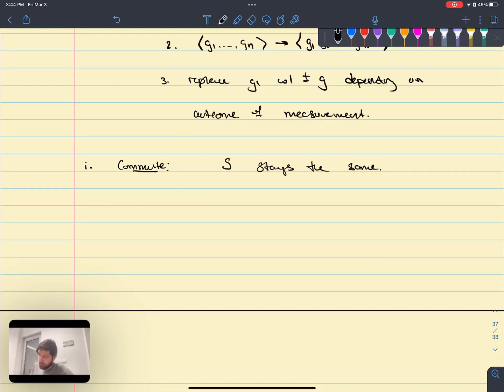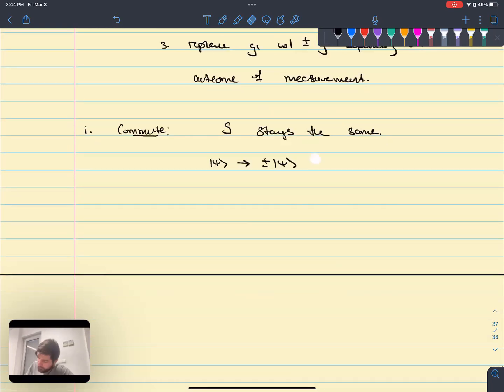And now we just need to figure out whether psi gets mapped to plus or minus psi. And this procedure actually turns out to be quite costly.